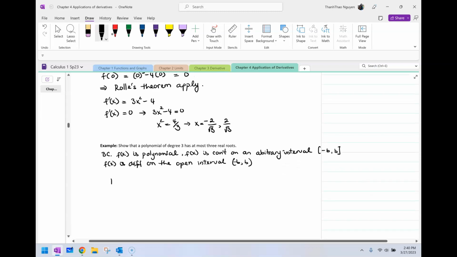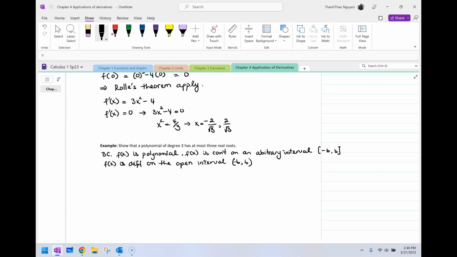So if f of x is a degree 3 polynomial, it is of the form f of x equals ax to the third plus bx squared plus cx plus d. Then f prime of x is equal to 3ax squared plus 2bx plus c. This means f prime of x equals 0.